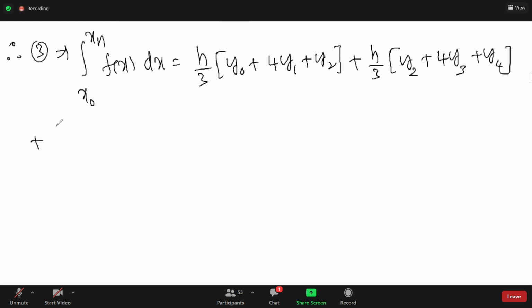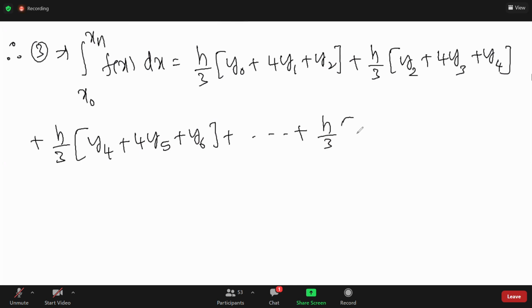Next term h by 3 into y4 plus 4y5 plus y6 plus so on. The last term is h by 3 into yn minus 2 plus 4yn minus 1 plus yn.